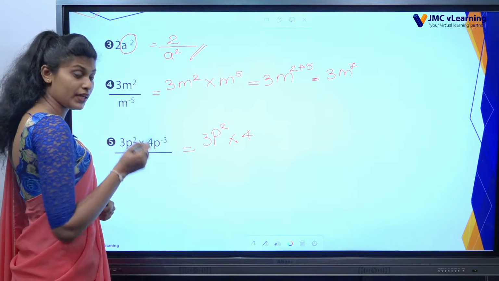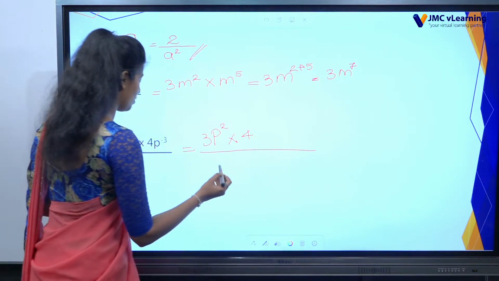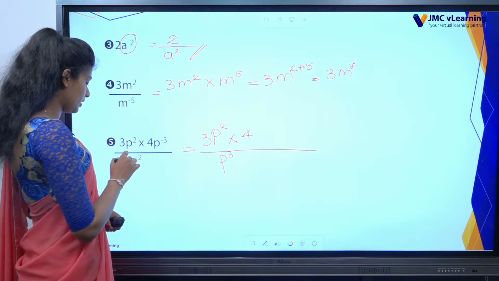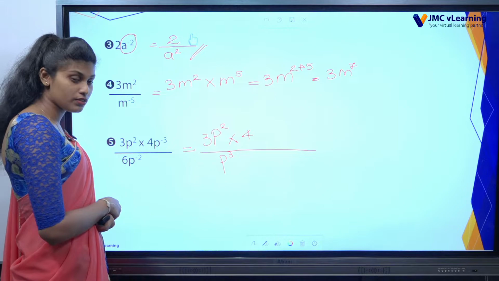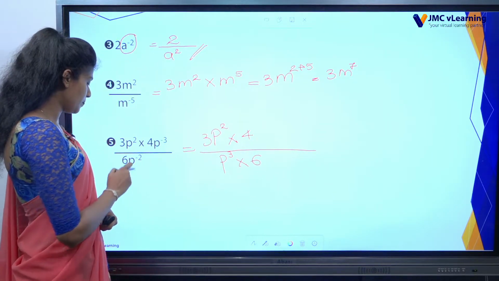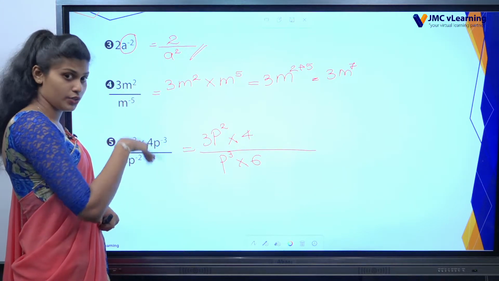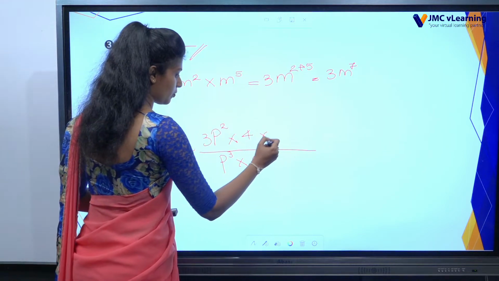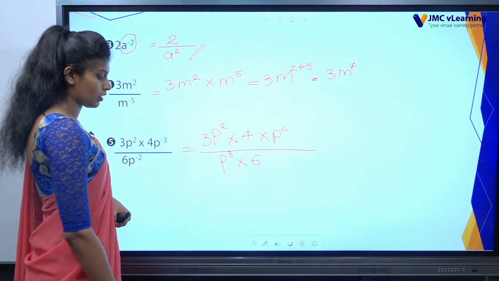Then here p to the power minus 3 you have to take down, then it becomes p to the power 3. Then let's move to the below. Here 6, no need to change; 6 is positive, so keep it here. Then p to the power minus 2 has to turn into plus, so let's take it above. Then it becomes p to the power 2.